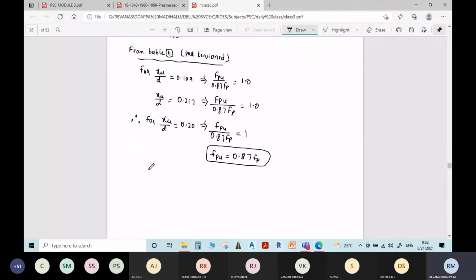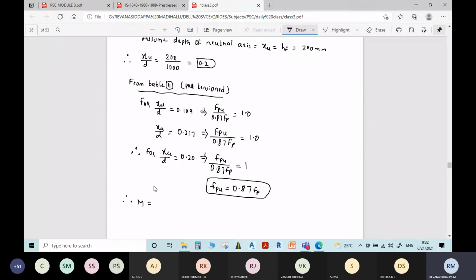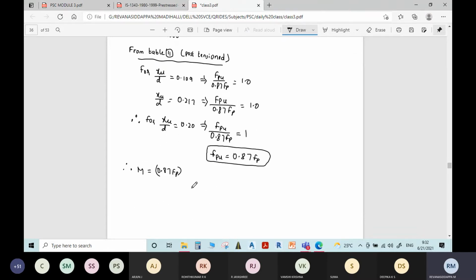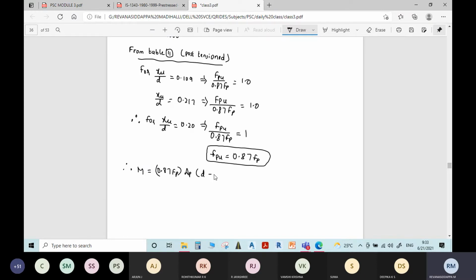Therefore M is equal to FPU, that is 0.87 FP, into AP into D minus 0.42 XU. Substitute everything.